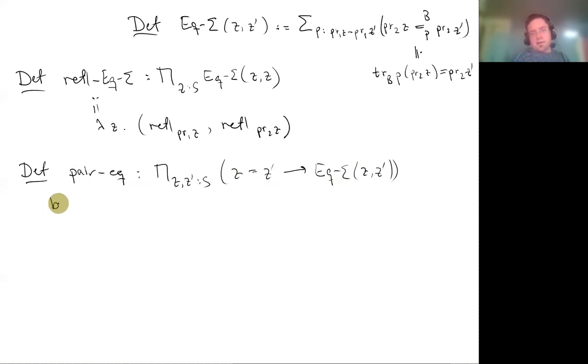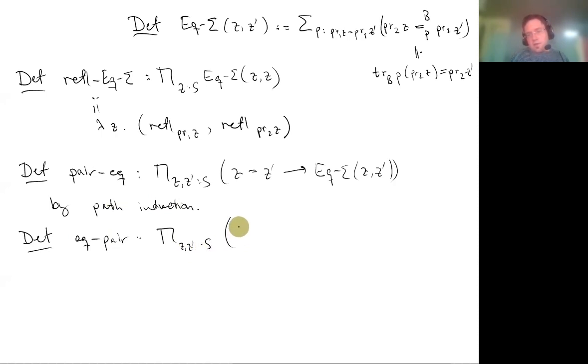And this is by path induction. And in the other direction, we have getting an equation in the sigma type out of a pair of equations, for every z and z prime. This maps from eq sigma z z prime to z equals z prime.